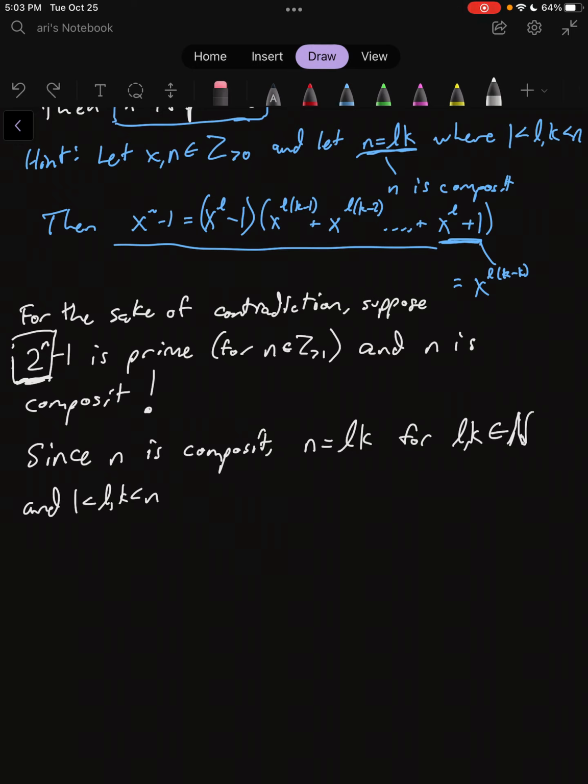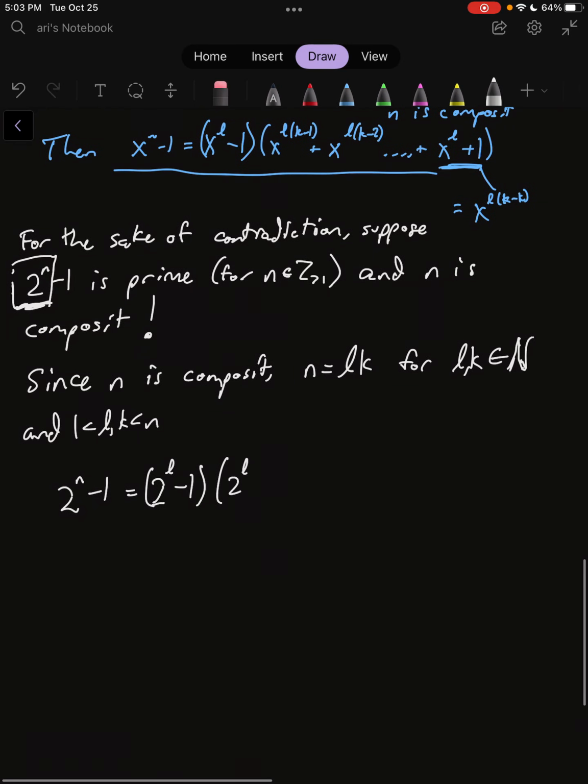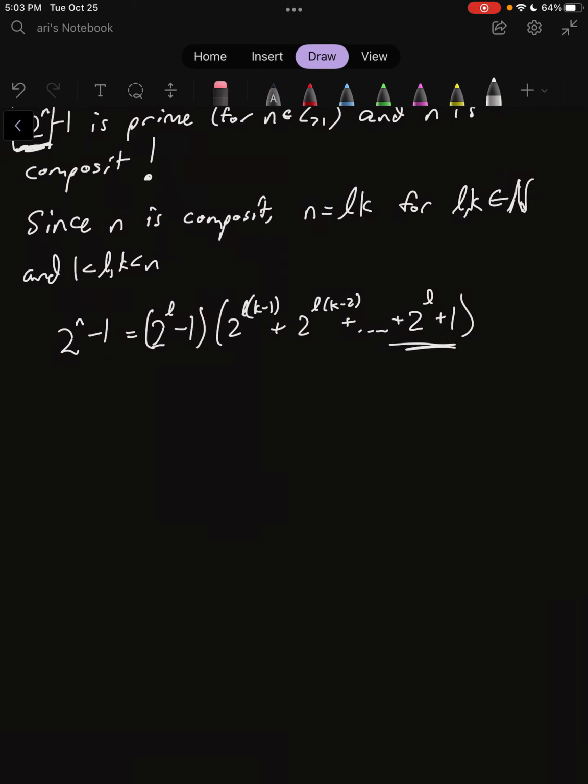We have 2 to the n minus 1 equals 2 to the l minus 1 times 2 to the l k minus 1 plus 2 to the l k minus 2 plus 2 to the l plus 1. And I explained earlier how we get these terms at the end. We're just going to keep subtracting from k, and eventually we're going to get k minus whatever for that term, and then we're going to get k minus k for that term.